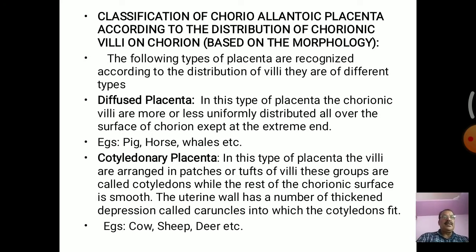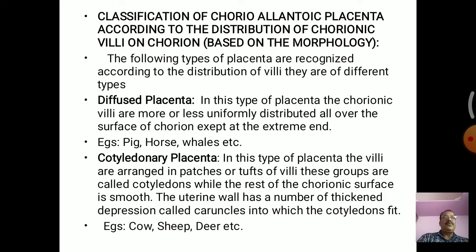So here the group of villi forms a patch-like structure called a cotyledon. So cotyledonary placenta includes the distribution of villi in the form of patches or tufts. Examples: cow, sheep, deer, etc.